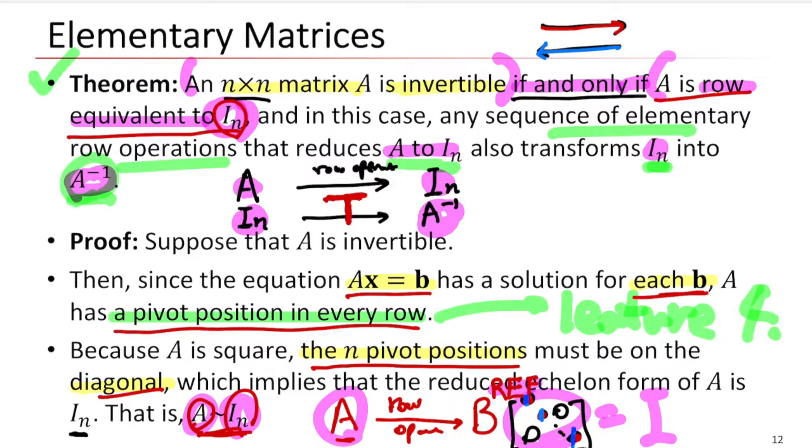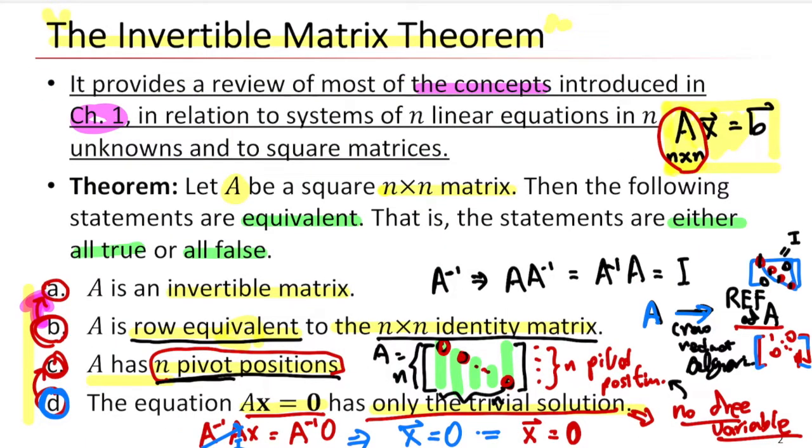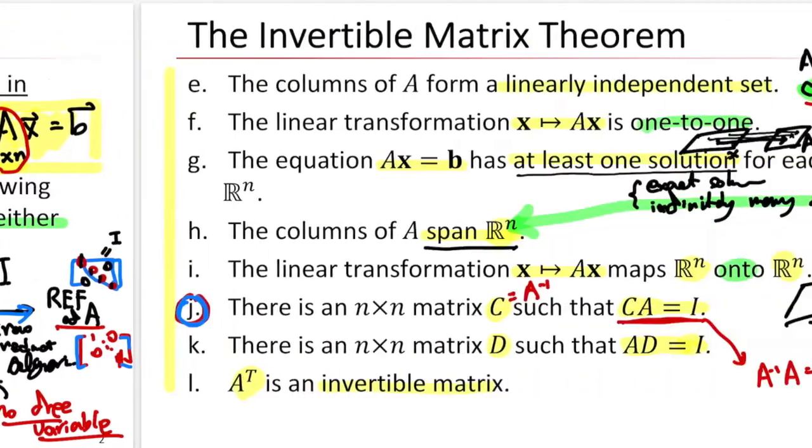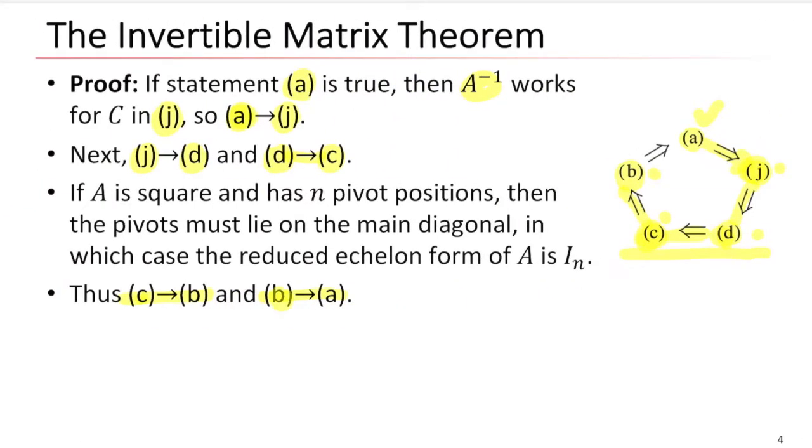In this case, it is called the if and only if case. So A is invertible means A is row equivalent to I_n, and A is row equivalent to I_n means A is invertible. Okay, let's go back to our proof. Now we proved B to A is true.